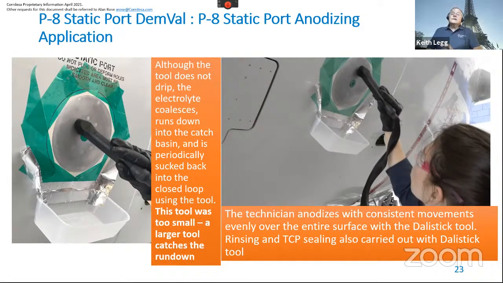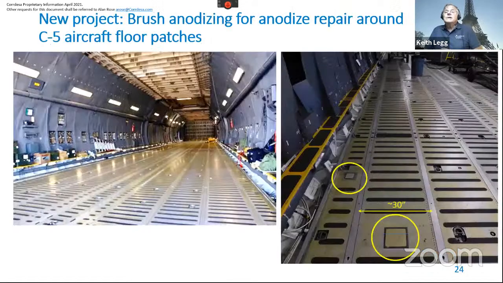But anyway, this now is very, very successful. There's been no corrosion for several years now on the test systems. So next, all right, we're now expanding this anodizing to other areas.